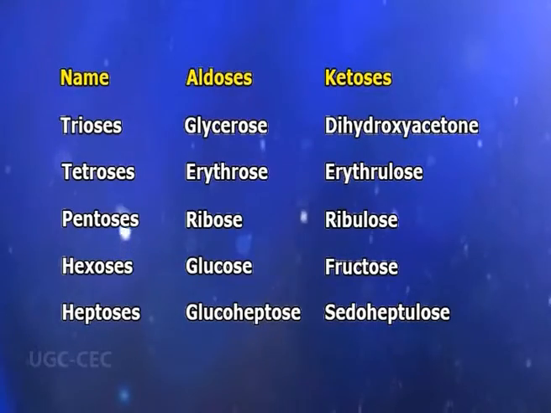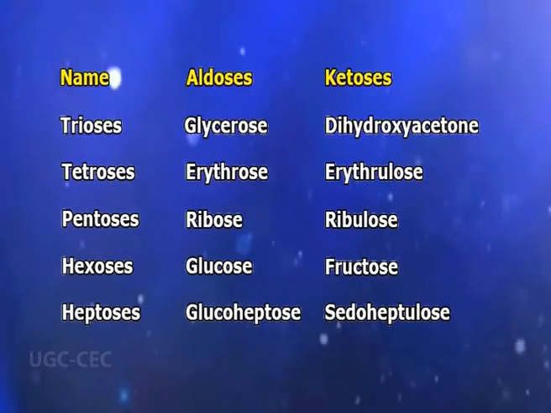The monosaccharides may be subdivided into trioses, tetroses, pentoses, hexoses, heptoses, etc., depending upon the number of carbon atoms they possess, and as aldoses or ketoses depending on whether they contain an aldehyde or ketone group. Some important examples are given in the table.